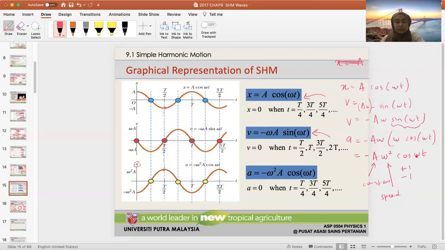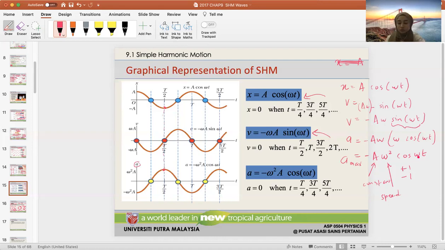And to make this equation a maximum, the cosine has to be -1 or +1 to make A maximum. Because you know cosine can be a lot of values, right? Cosine can be 0.5, cosine can be 0.3. So to make A maximum, cosine has to be +1 or -1.